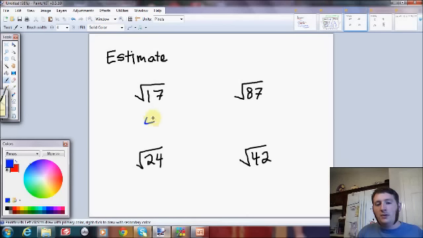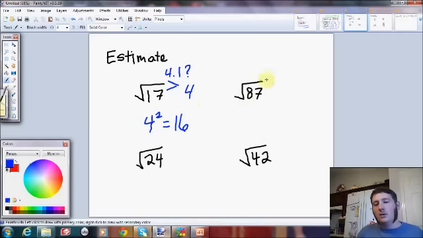Maybe after a little bit of thinking, you remember that 4 squared is 16. So whatever this number is, it's more than 4, but not by much. So maybe 4.1. And then you'd have to check that on a calculator to see how close you were.